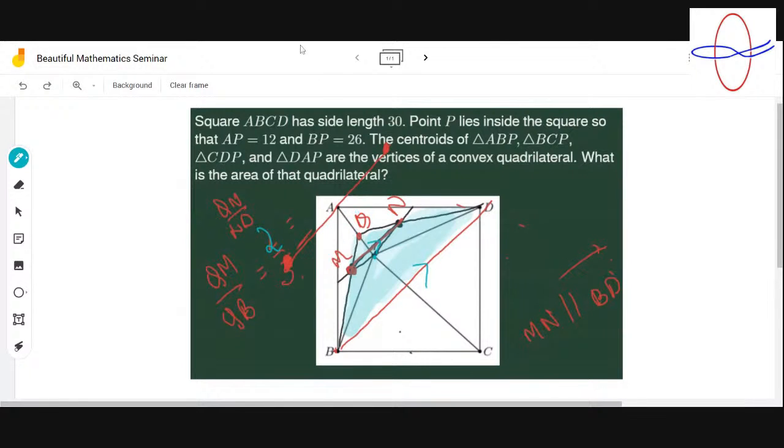Is it actually parallel to BD or not? No, all three lines are parallel. It implies that actually that is a parallelogram. It will turn out that it is a parallelogram. That is what we can gauge over here.